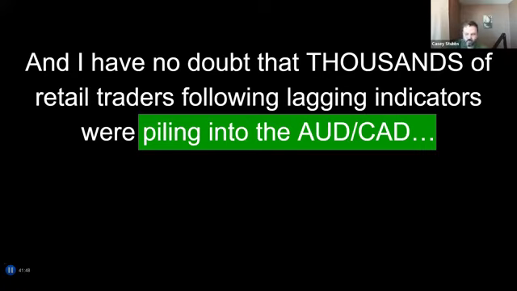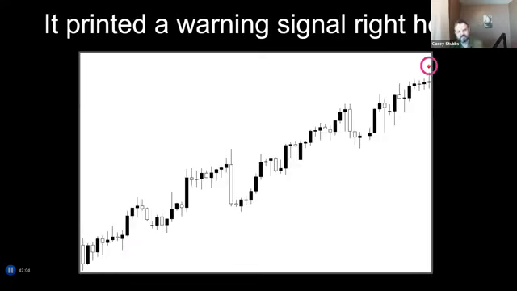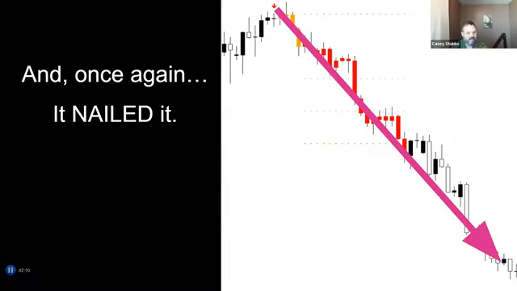And I have no doubt that thousands of retail traders following lagging indicators were piling into the Australian Canadian. But our indicator flagged the very top of the run as a potential tipping point. It printed a warning signal right here. And once again, it nailed it.